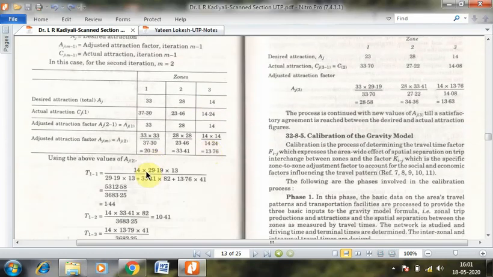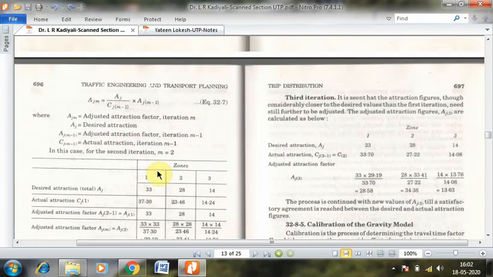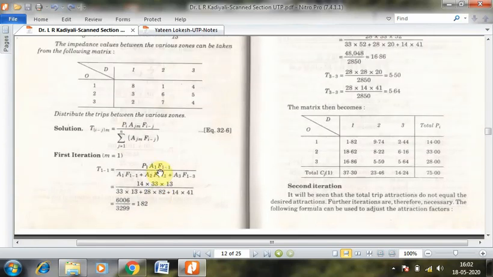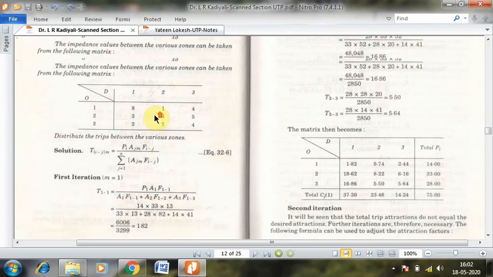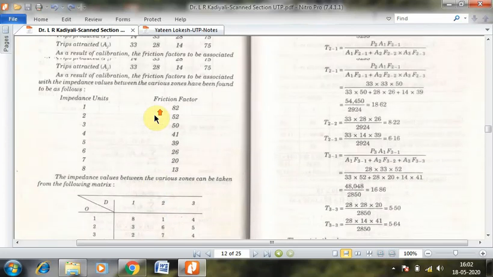14 multiplied by, what is this? This is A1 or Aj.